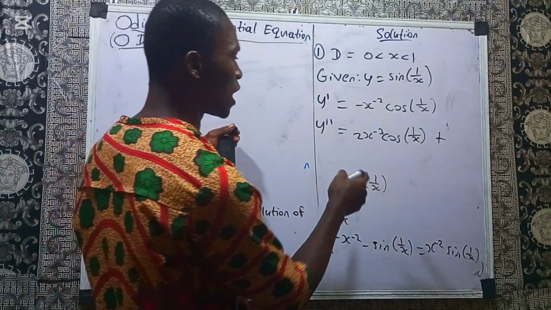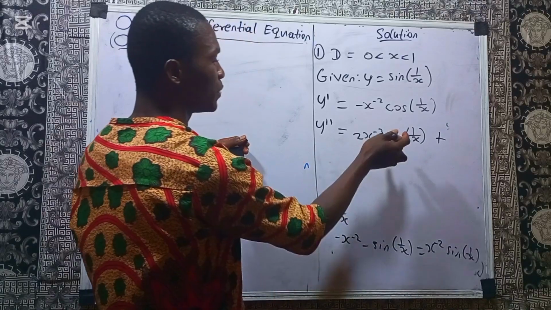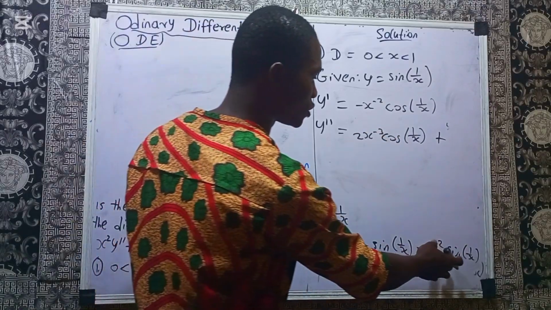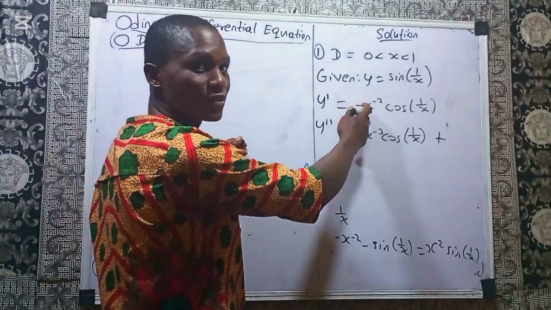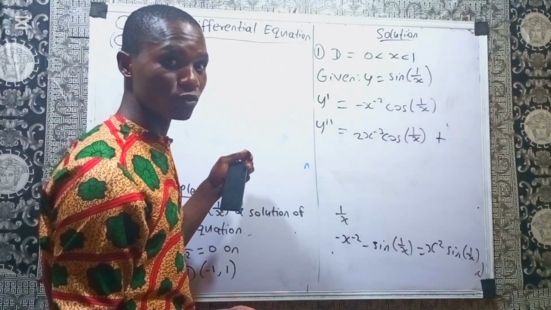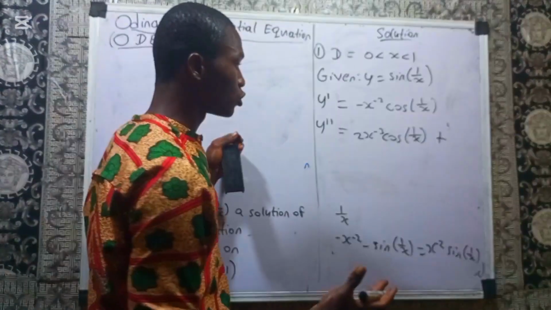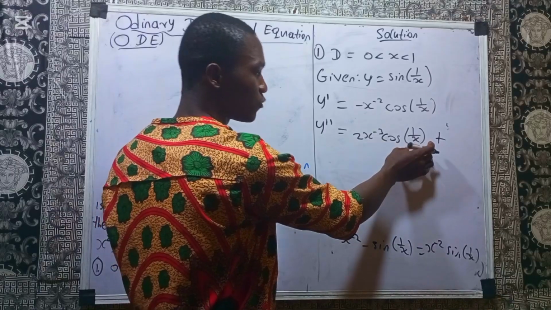Then remember, you are keeping this one. You are now keeping x raised to power negative 2. We use the product rule. We differentiated this quantity first, and this is what it gave us.